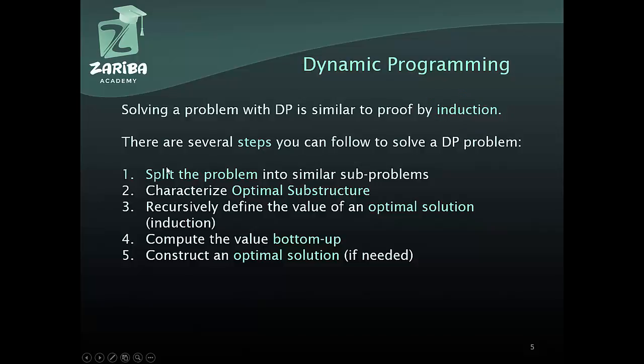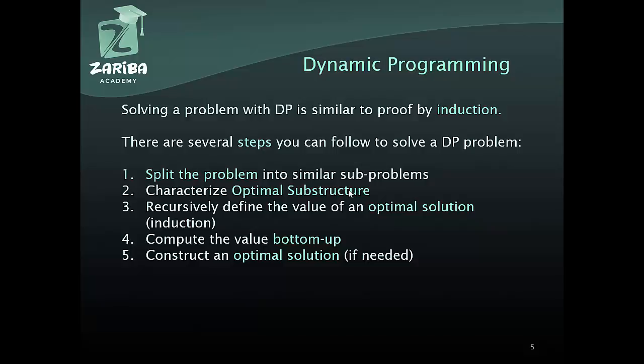Okay. There are several steps that you can follow to solve a problem like this, but normally you would have to have solved a lot of problems similar to the ones that I'll give you a bit later on. But normally it goes something like this. So first you have to split the problem into similar sub-problems. Imagine f of n.